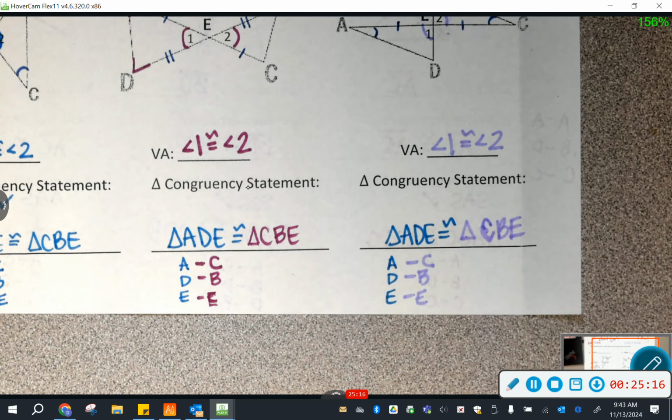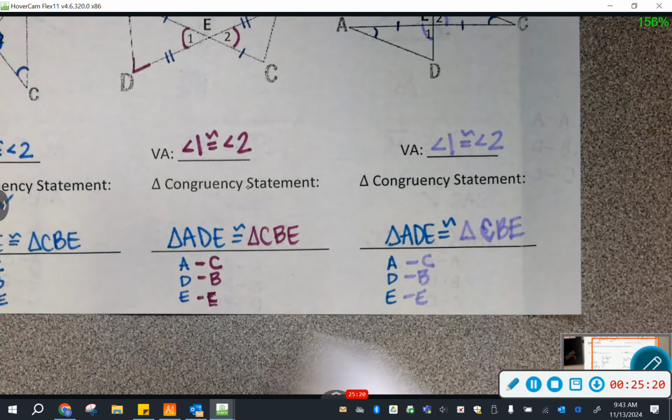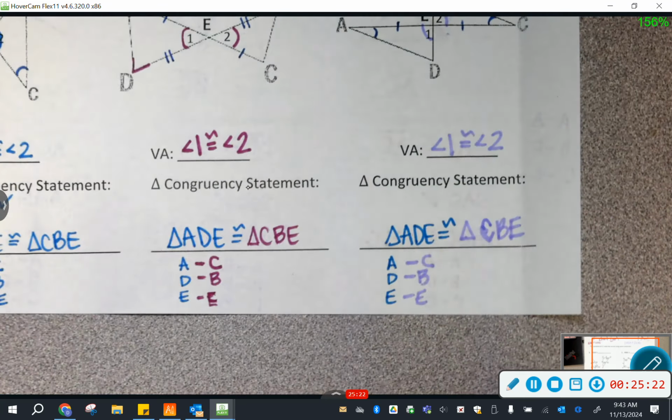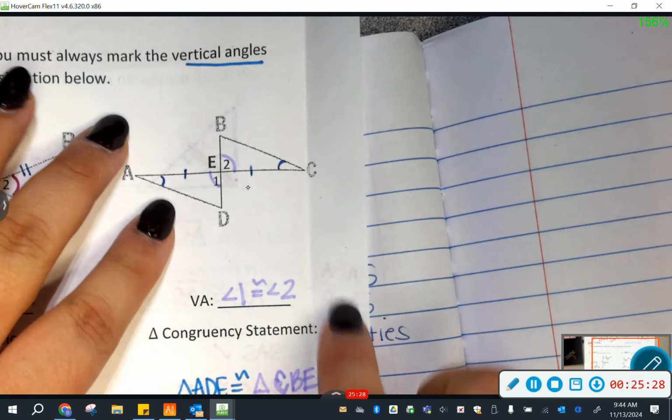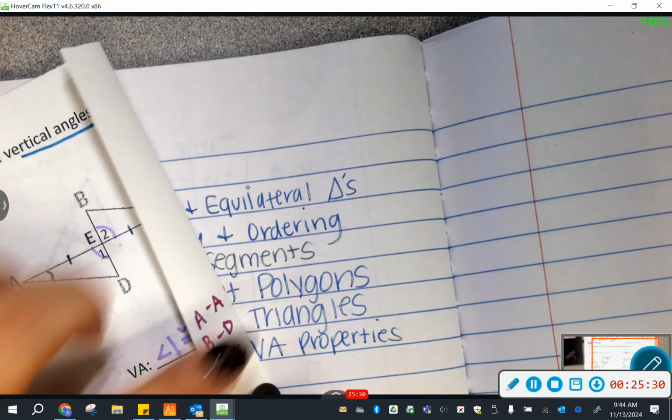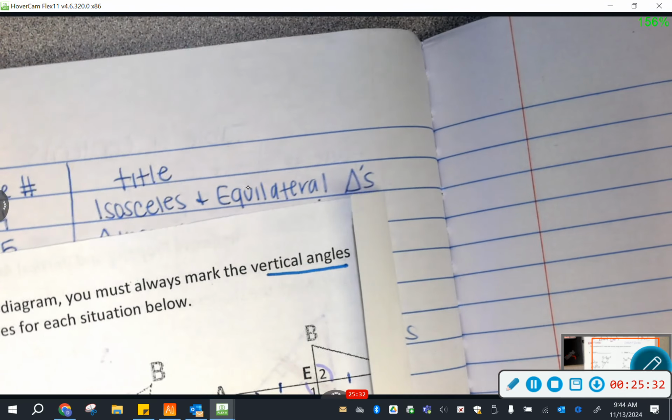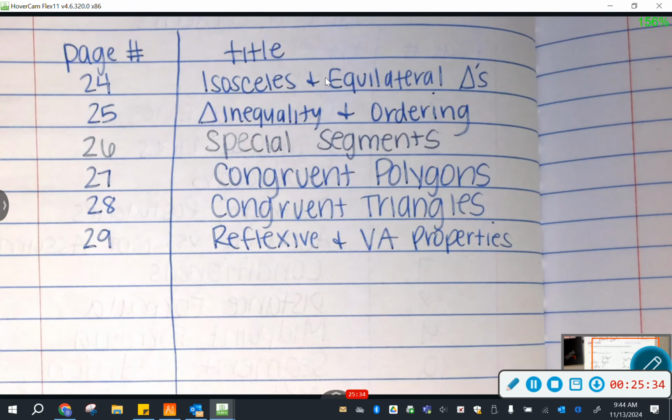All right, can you please open up your notebook? And you are going to glue this in. We already folded it, right? Fold it like that right there. And you're going to glue this little flap onto page 29, please.